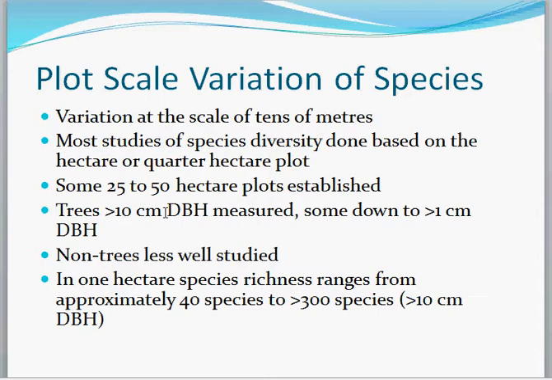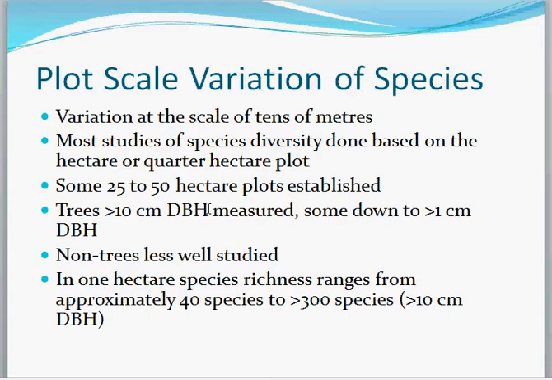When a tree reaches about 10 centimeters DBH, the mortality rate is usually low enough that you can be fairly sure this tree is going to survive into the future. So if you measure underneath 10 centimeters DBH, you have to be prepared to re-inventory the plot every 2 or 3 years, because those stems are likely to die and be replaced very quickly.